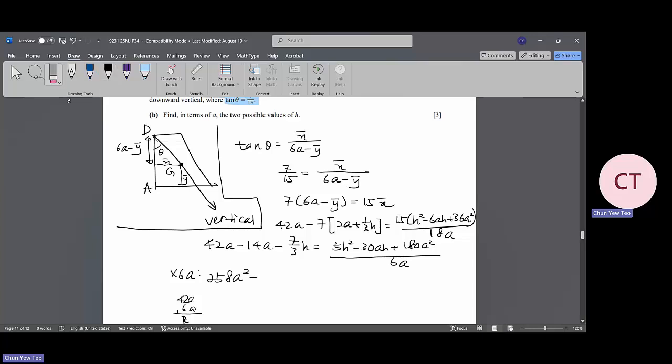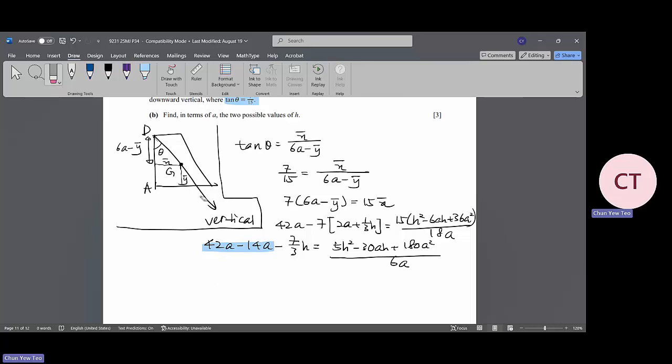Okay, what am I doing? These two can combine. These two can combine, then you will get this one as this one combined, you become 28A multiplied by 6A, 168A square.